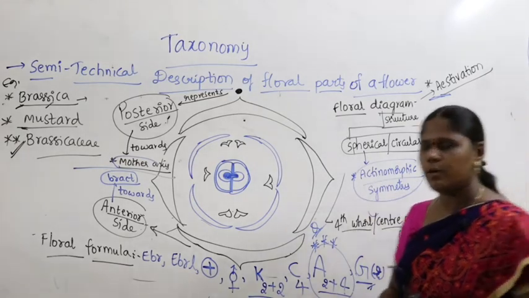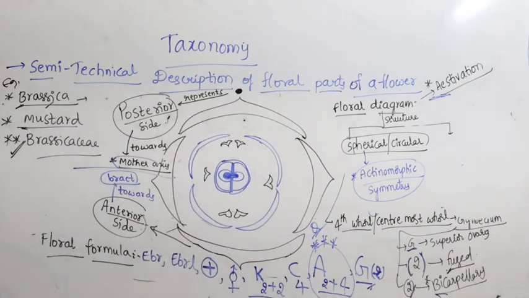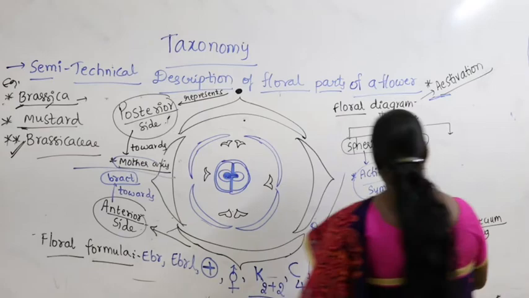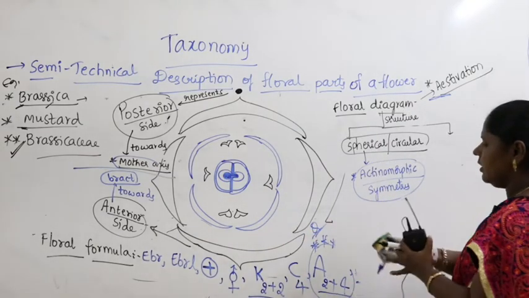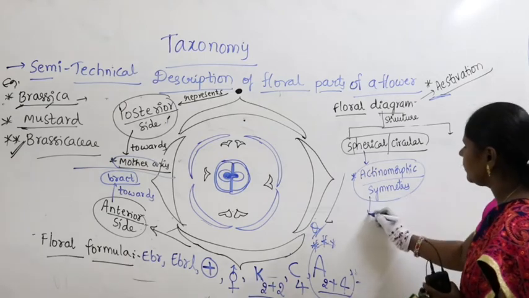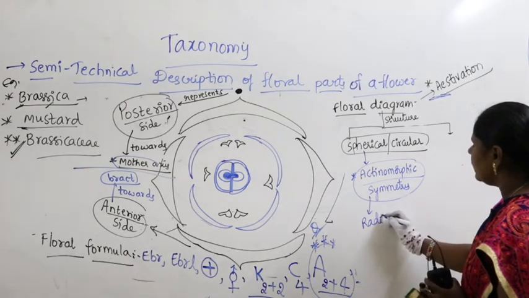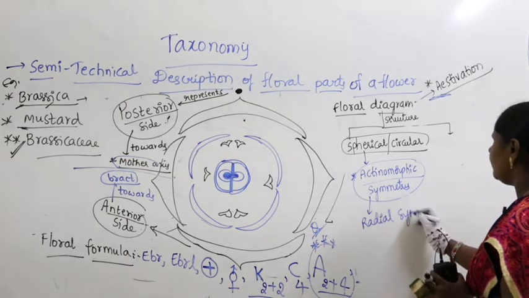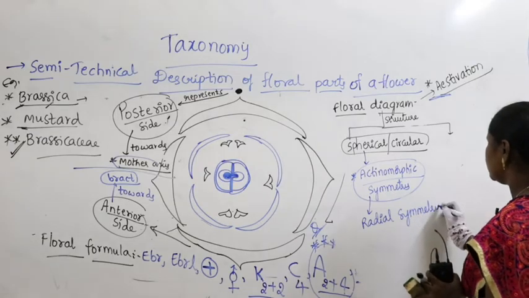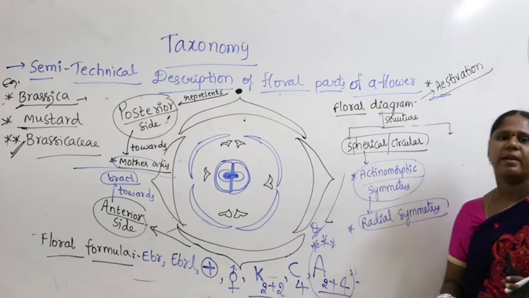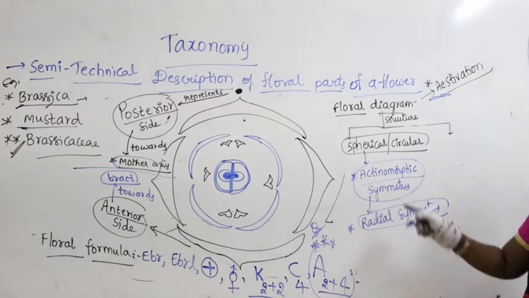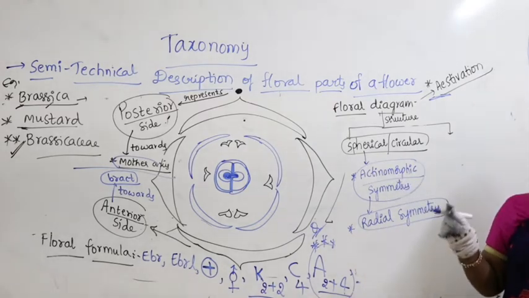Generally, what is actinomorphic symmetry? It is nothing but radial symmetry. What is radial symmetry? Radial means circular, from the center. Generally, radial symmetry is the term we apply for animals, and actinomorphic is what we apply for flowers.